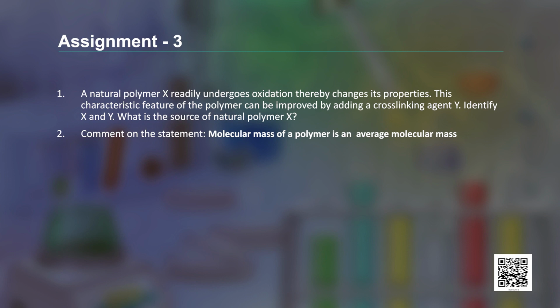Question number 2. Comment on the statement, molecular mass of a polymer is an average molecular mass. Question number 3. How is nylon 6,6 different from nylon 2, nylon 6?